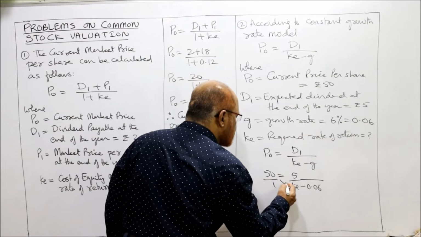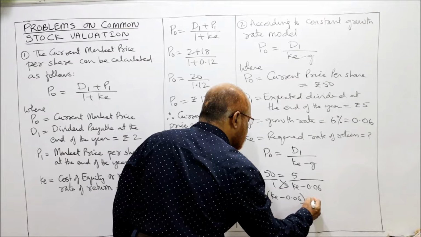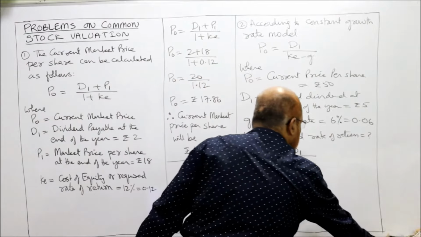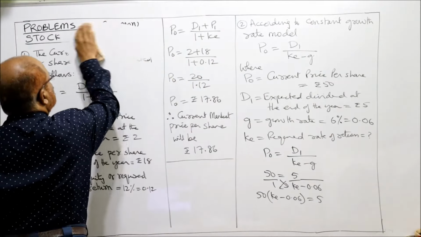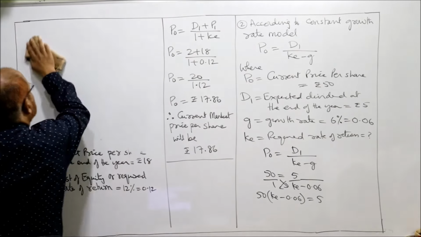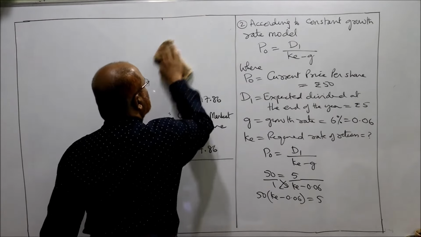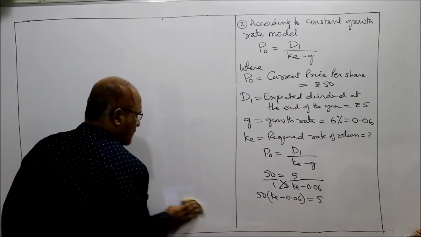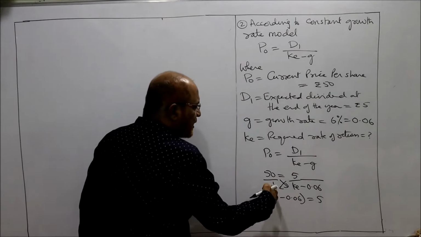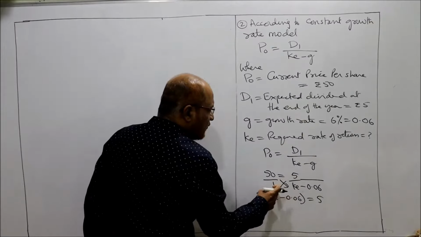Now if I make a cross multiplication, it will become 50 into KE minus 0.06 is equal to 5. Now 50 into KE, cross multiplication I am making, 50 into KE minus 0.06 is equal to 5 ones are 5.